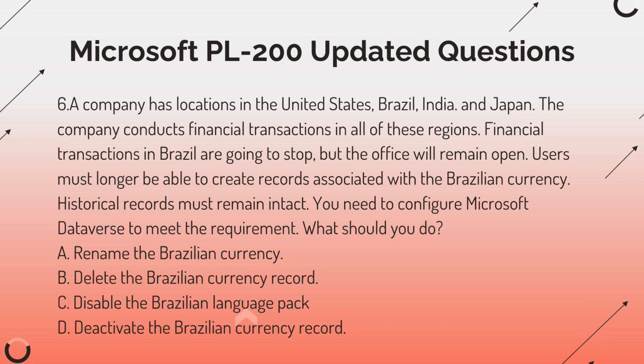Historical records must remain intact. You need to configure Microsoft Dataverse to meet the requirement. What should you do? A. Rename the Brazilian currency. B. Delete the Brazilian currency record. C. Disable the Brazilian language pack. D. Deactivate the Brazilian currency record.